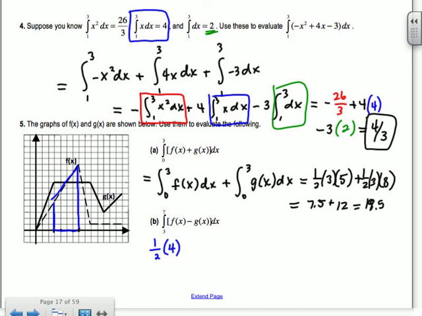So it's 4. B1 and B2. So the first one was 5 and the second one was 5, 6, 7, 8, 9, 10, 11. Did you guys get 11? I hate those little grid lines.